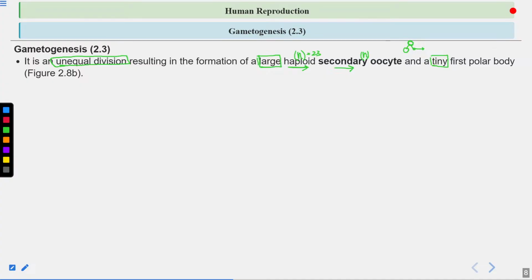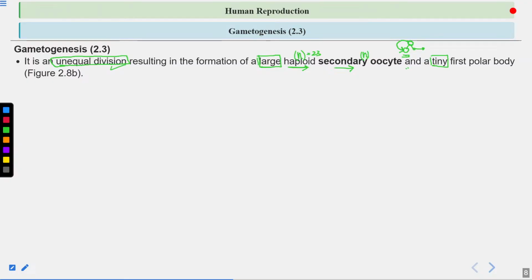Now, why is this an unequal division? Why is this unequal division happening here, and why is a large haploid secondary oocyte produced? The bulk of the cytoplasm of the primary oocyte is retained in the secondary oocyte, and only very little cytoplasm remains in the first polar body, because the secondary oocyte will later on form the ovum.